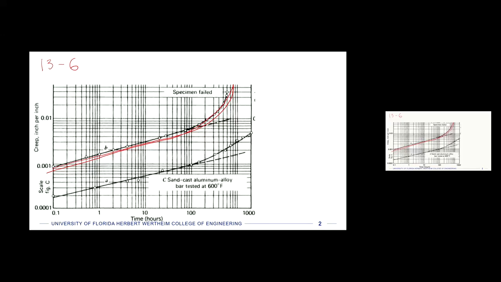So this is time in hours across the bottom, and then creep inch per inch on the left side. So that is an elongation in inches versus the initial length of the specimen in inches. So it says that's the data that came from this creep test when it was subjected to a stress of 10,000 psi. So this is just a tensile stress and hold, right?